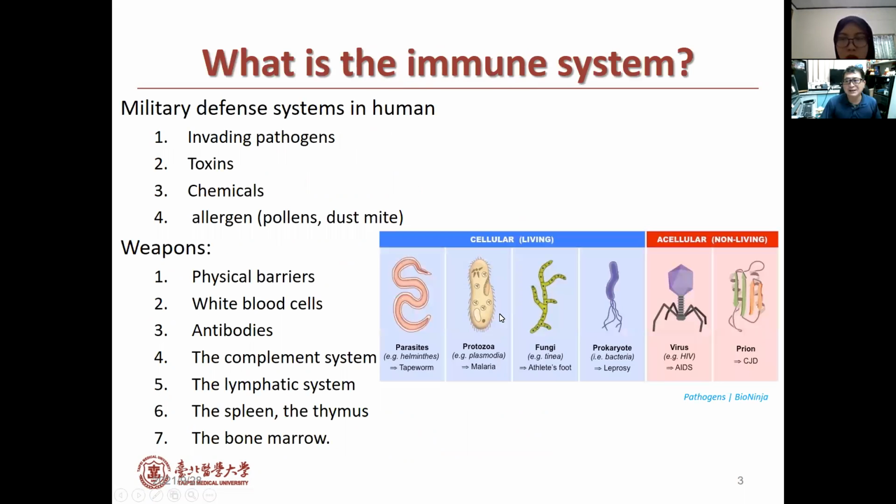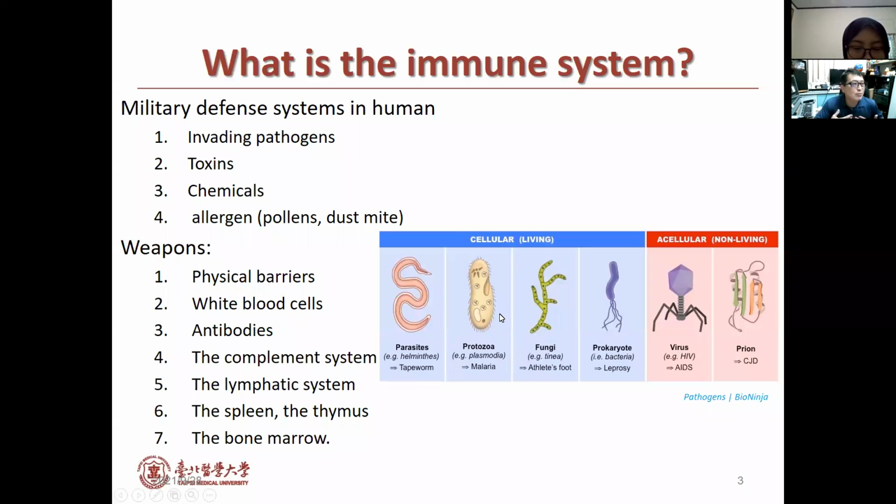Okay, what is the immune system? It is just like our military defense system, with the Air Force base, right? And army camps, something like that. And also a lot of weapons: tanks, missiles, machine guns, fighter jets, a lot of different weapons, and also the coast guard, even the policemen, MPs also.